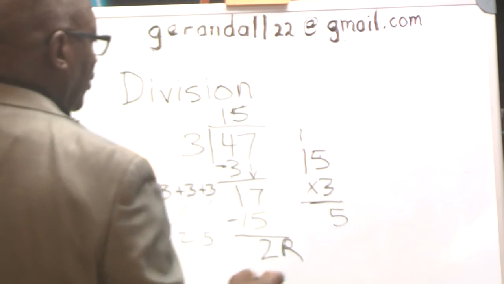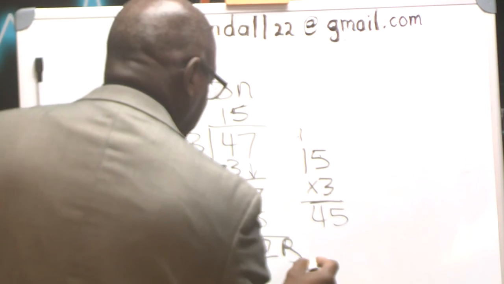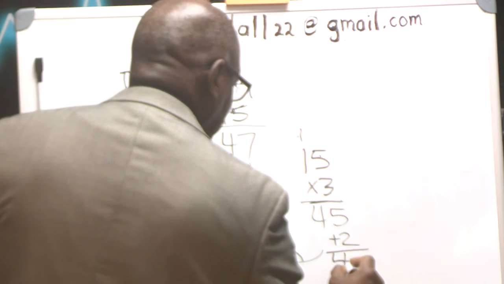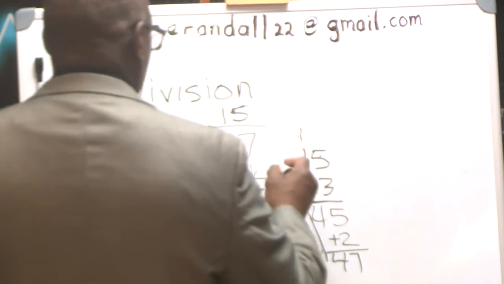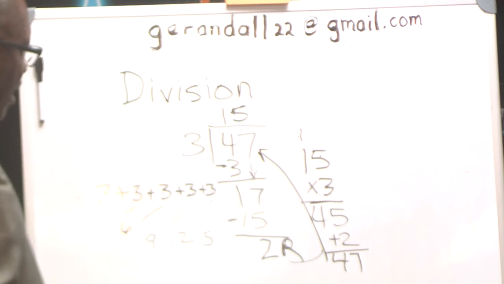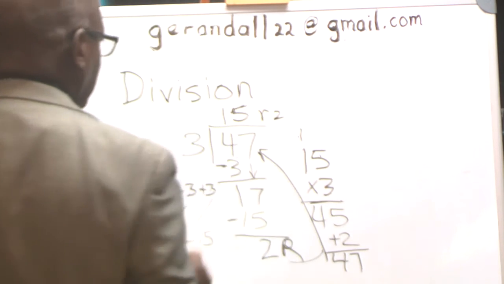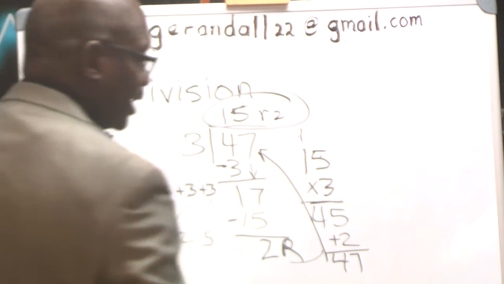Carry a 1. 3 times 1 is 3, plus 1 is 4, so 45, plus our remainder of 2, 47. Look at that. And you hand your answer in, which is 15, remainder of 2. That would be your answer. And it checks out.